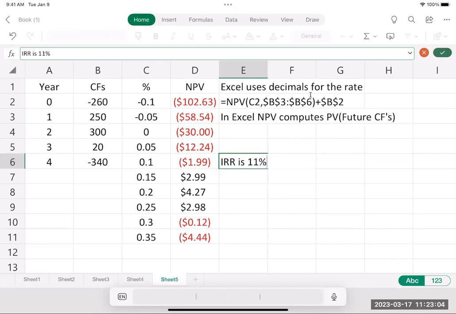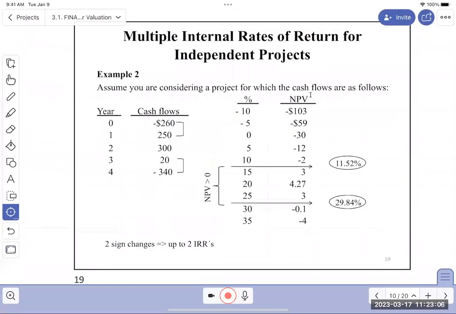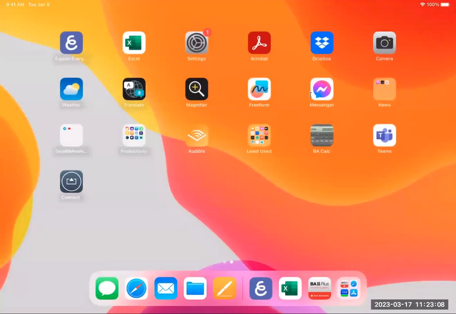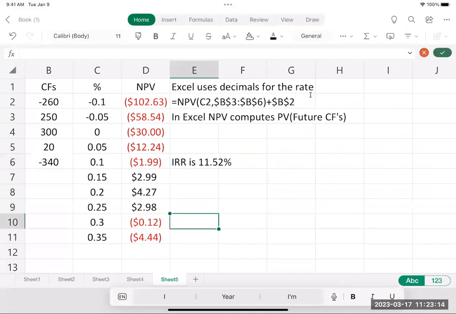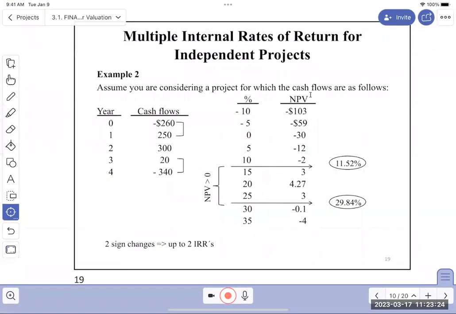Let's go back. I have to see what it was. 11.52%. It's almost 12. And then there's another one between 25 and 30%. And we cannot find it ourselves with the calculator.